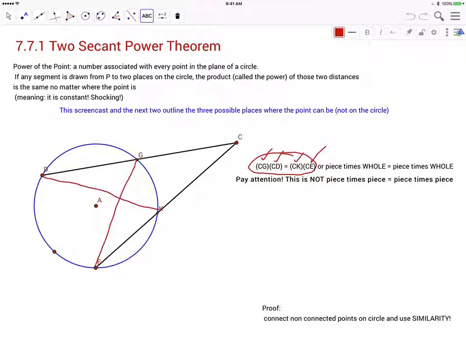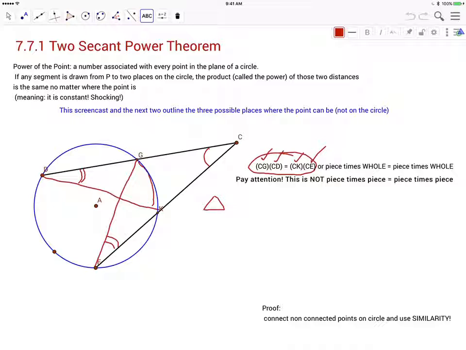You might have already picked up that these two angles right here are equal because they intercept the same arc, which is really exciting over here. So those are the same. And of course they share C. So let's establish the triangles that are similar.